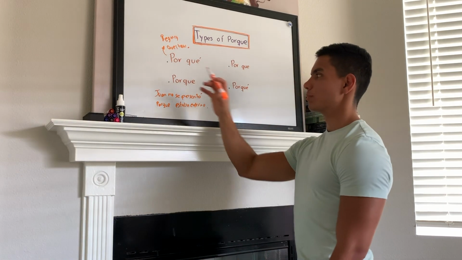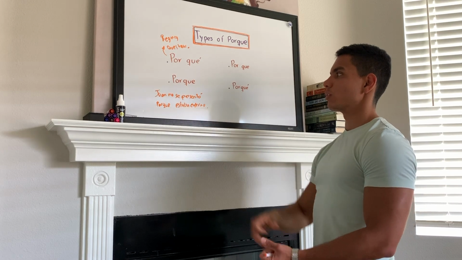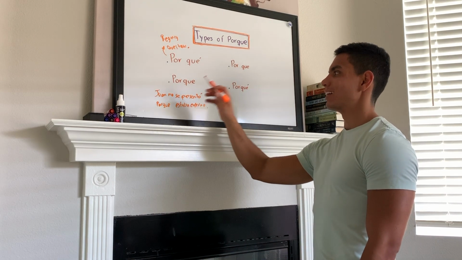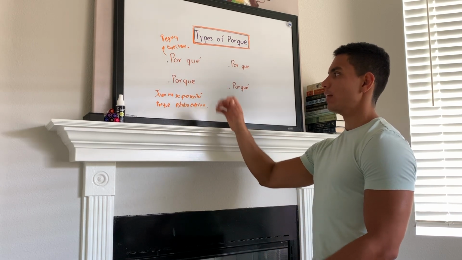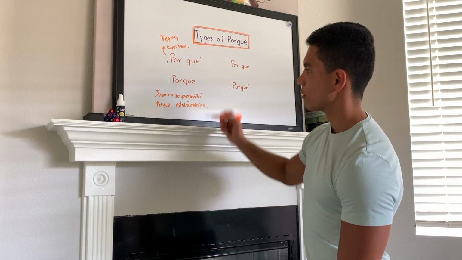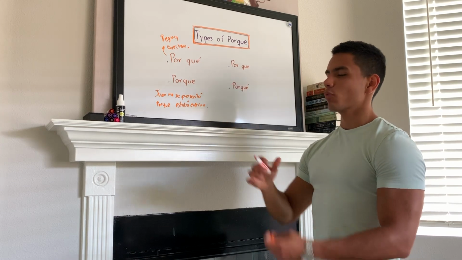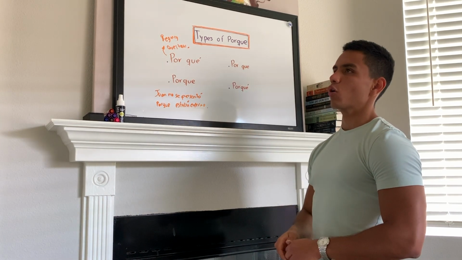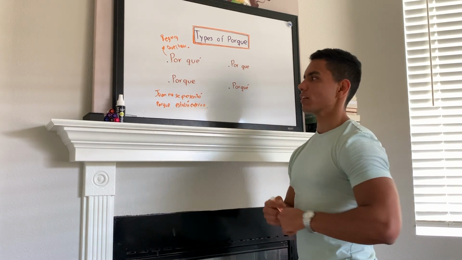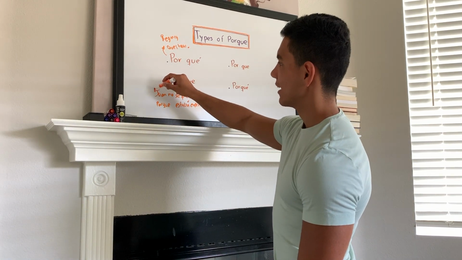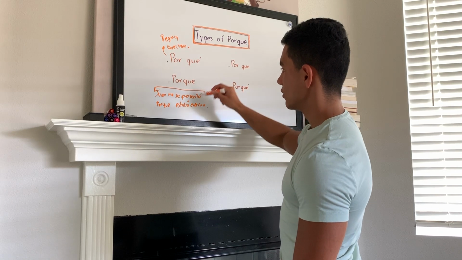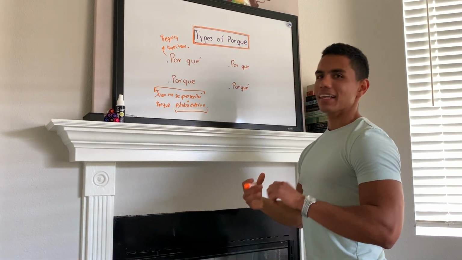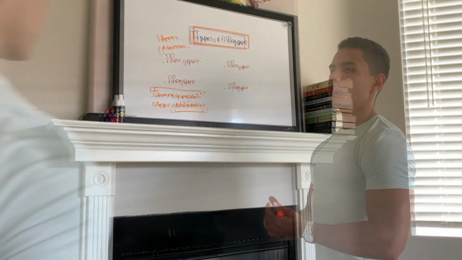So you see a connection between those 2? Juan no se presentó, Juan didn't show up, porque estaba enfermo, because he was sick. So basically this one is more translated into because. Just remember it always has to have a connotation, and then after it comes the answer.